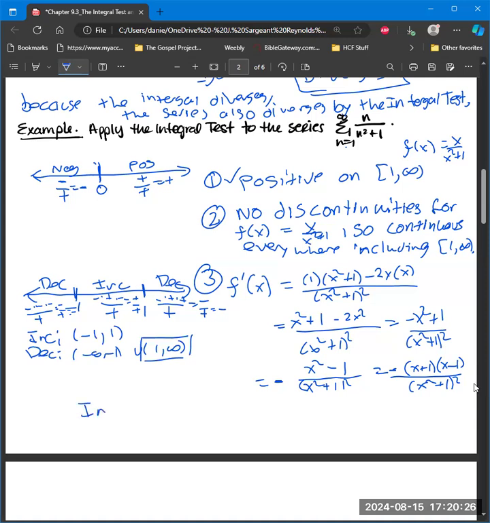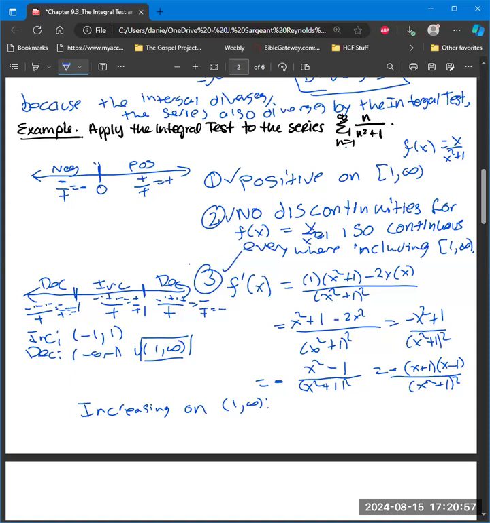So I'm increasing on 1 to infinity. So check.